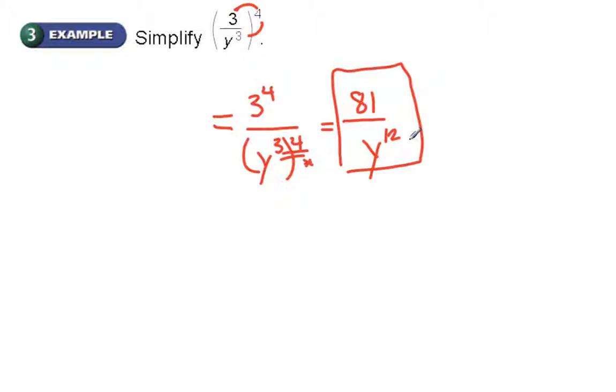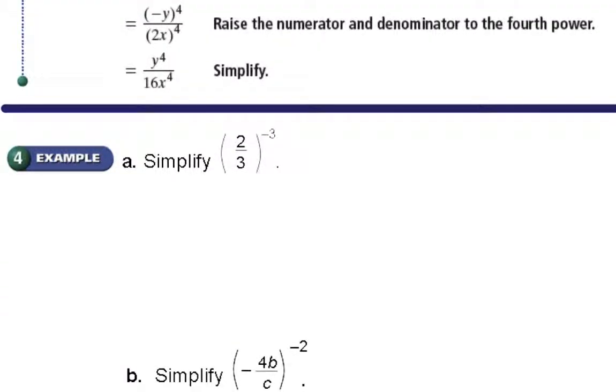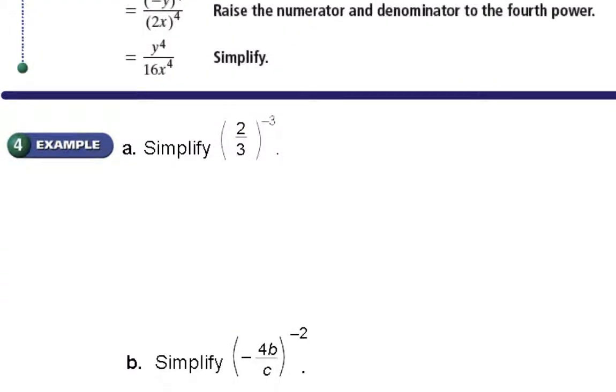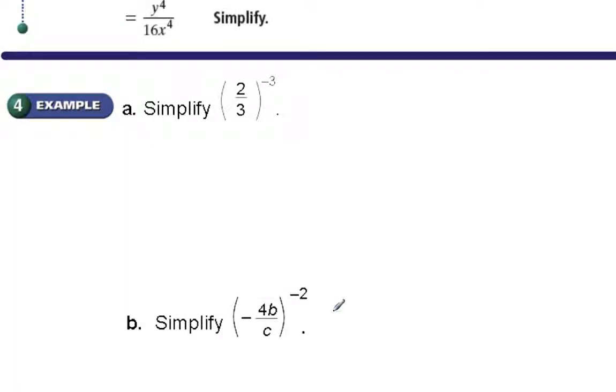Not too hard. Right, example 4, simplifying an exponential expression. Here's where it starts getting fun. And yes, that was sarcasm. All right, so simplify. This right here is screaming out to me, it says flip me. So we need to flip it. We take the reciprocal of this.